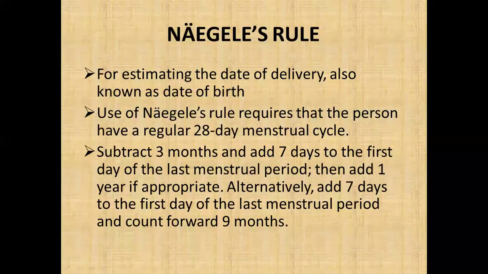Using Naegele's rule requires that the individual should have a regular menstrual cycle. And we know what a regular menstrual cycle is: a 28-day menstrual cycle, for you to get an accurate measurement.